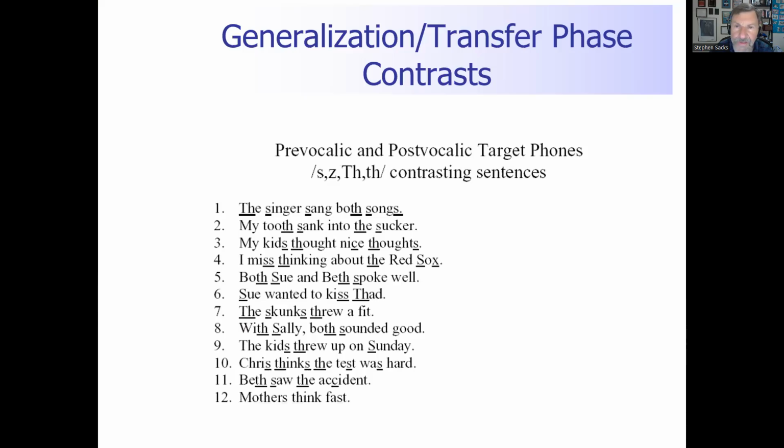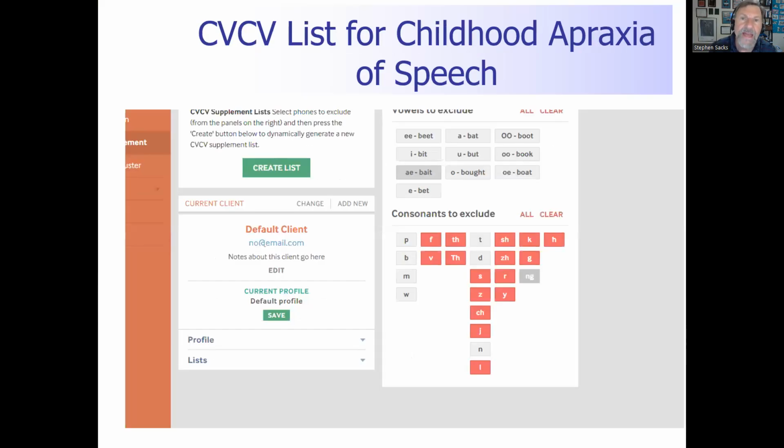And if they're at 75% accuracy or better, then they're dismissed from speech because they have the skill, and at that point, they're not going to regress, but will continue to improve. So that's the SATPAC program.